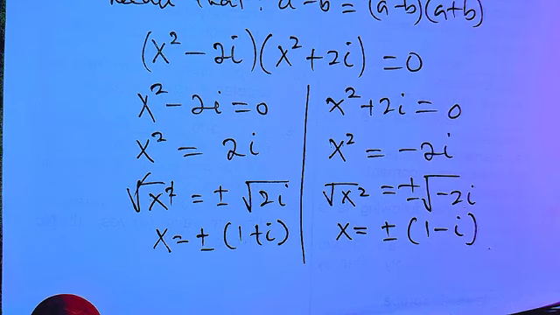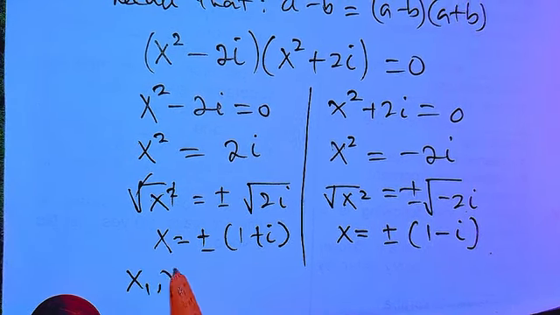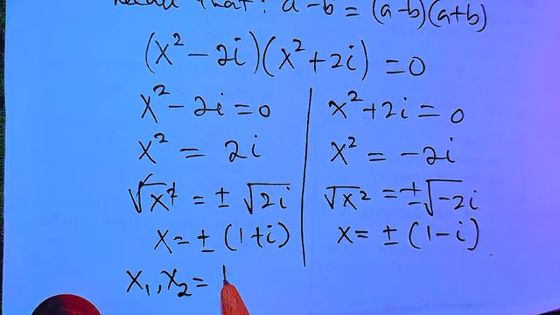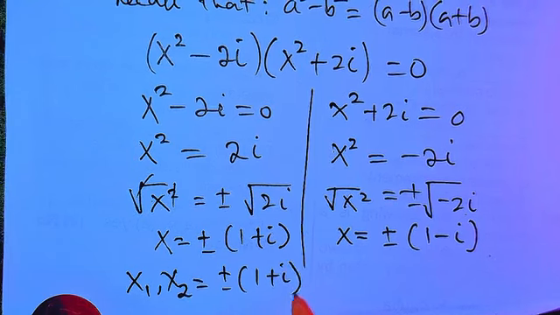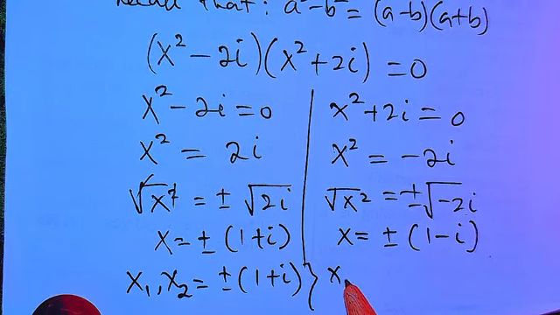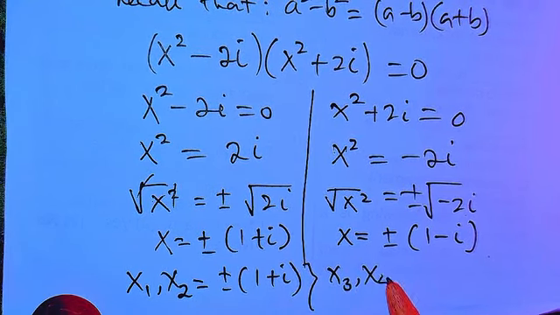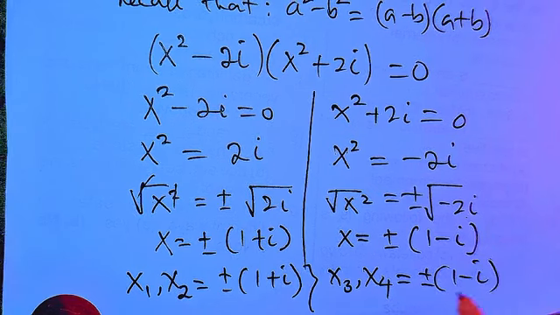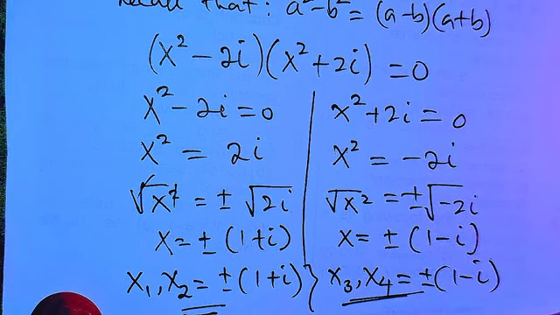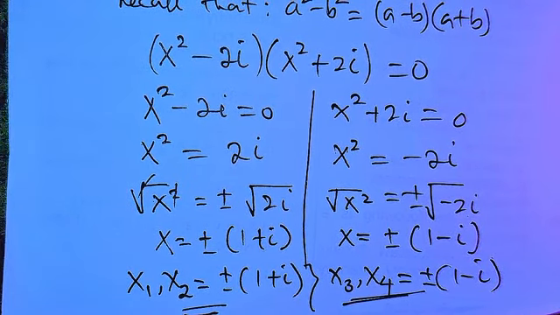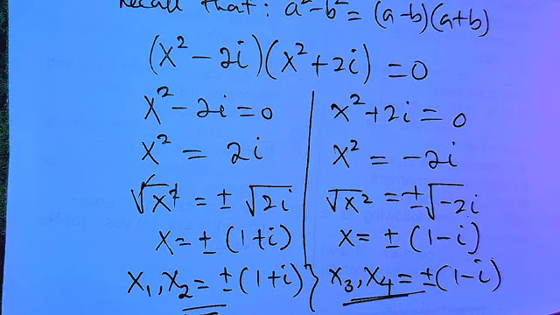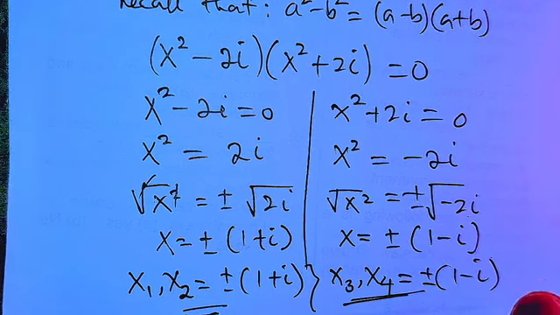So which is telling us here that we are having x1, x2 to be equals plus or minus 1 plus i, and x3, x4 to be plus or minus 1 minus i. So these are the possible solutions of this beautiful equation, right? So we have four possible roots.